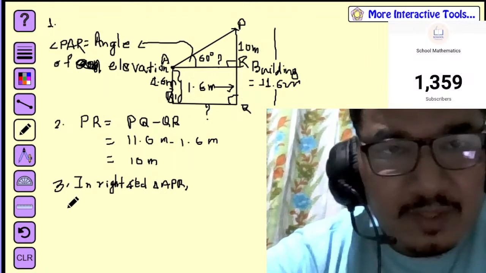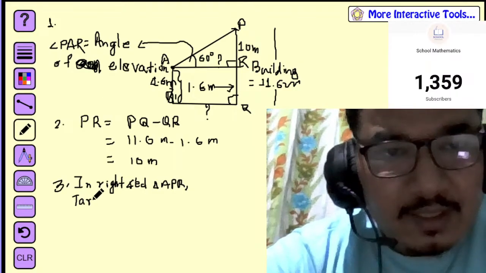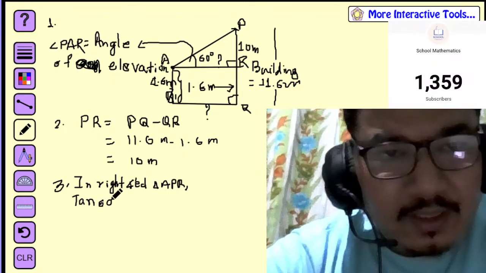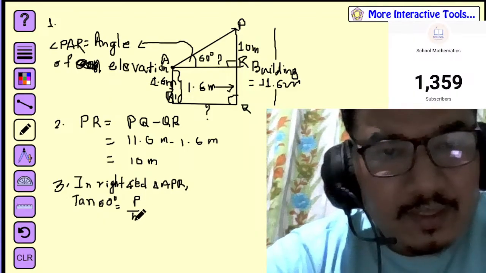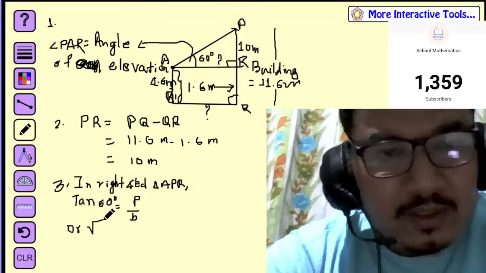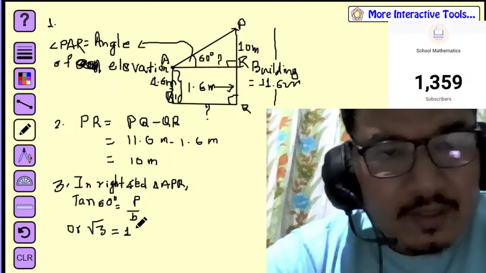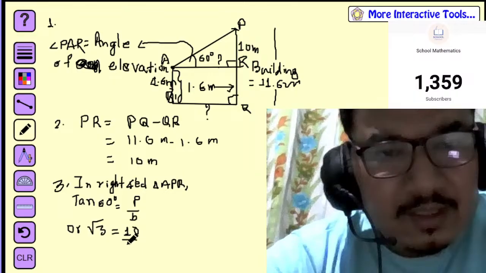Perpendicular and base means we have to take the tan ratio, right? Because in tan, which angle is given? The angle of reference is 60 degree. Tan equals perpendicular by base. And we know tan 60 is square root 3, and the perpendicular is given as 10. The base is not given; that is AR.